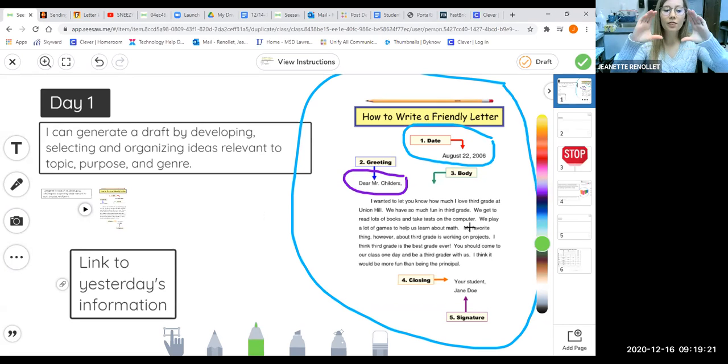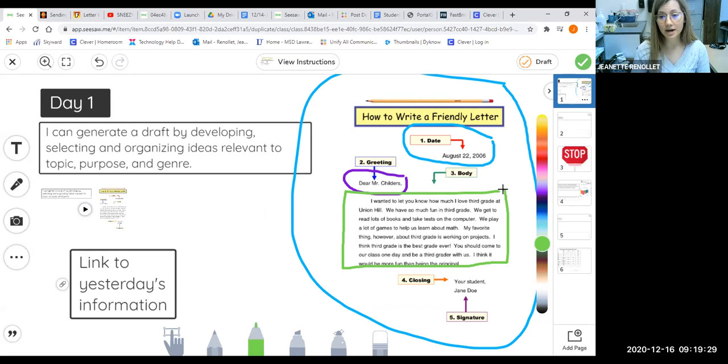Number 3 is really the most important part. Number 3 is called the body. We have talked about the body when we talk about paragraphs. Number 3 is the body. It's the meat. It's the good stuff of the letter. It's where all of your sentences go. Number 4 is called the closing. It's sort of like a conclusion.